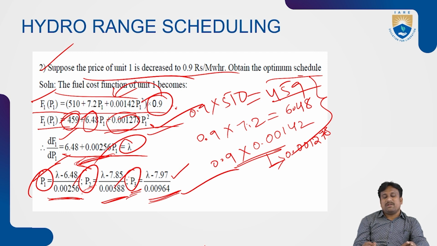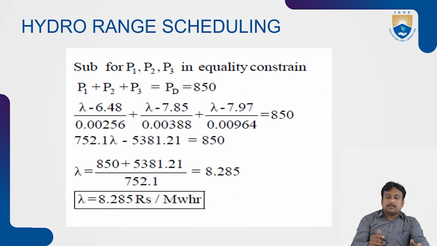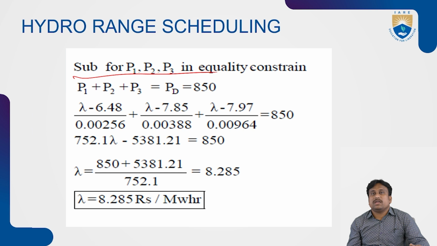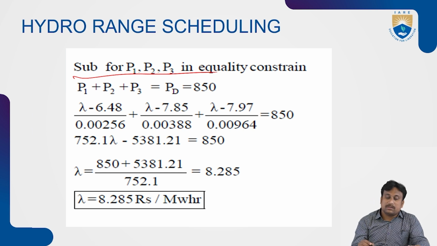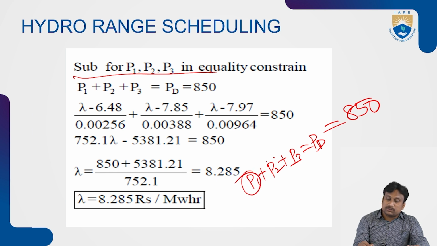So if you simplify these combinations by adding all the P1, P2, P3 sets, then you are going to obtain the lambda value. So that we will see now. Substitute for P1, P2, P3 in the equality constraint. That means P1 plus P2 plus P3, which is equivalent to PD, that is 850. Here substitute for the P1 value, the P2 value, the P3 value.